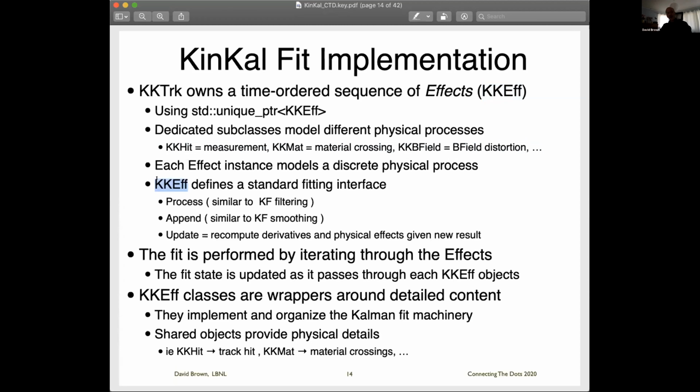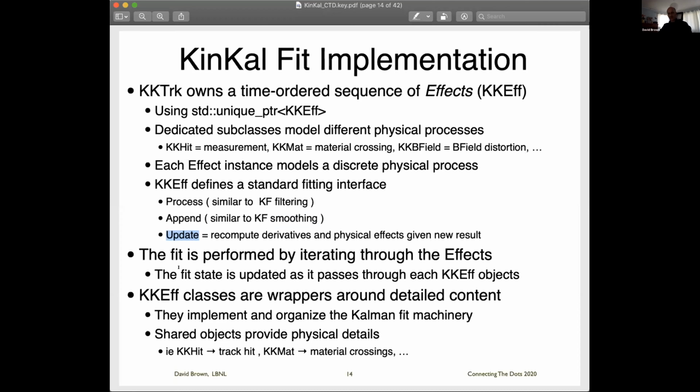These objects all implement a standard interface, which is directly related to the Kalman filtering: processing, which is akin to filtering, appending, which is akin to smoothing, and then updating. And I'll say more about that later. This is a critical component in getting a real fit working. The fit is performed trivially by basically iterating through the effects.